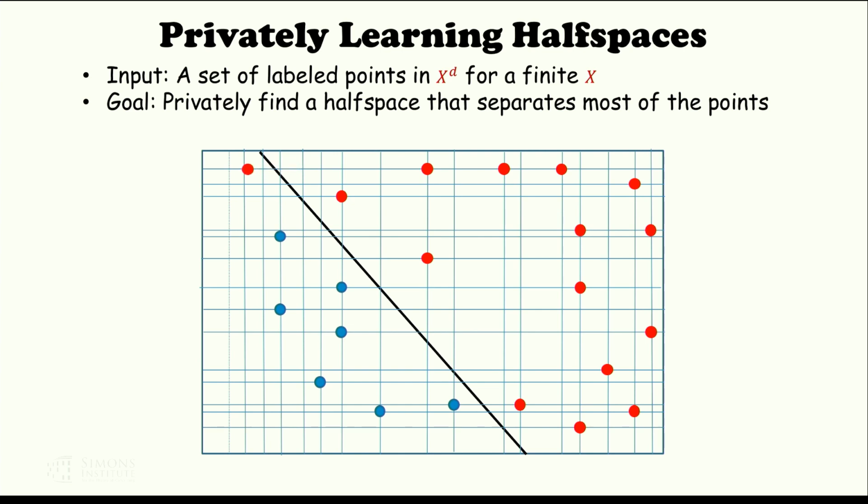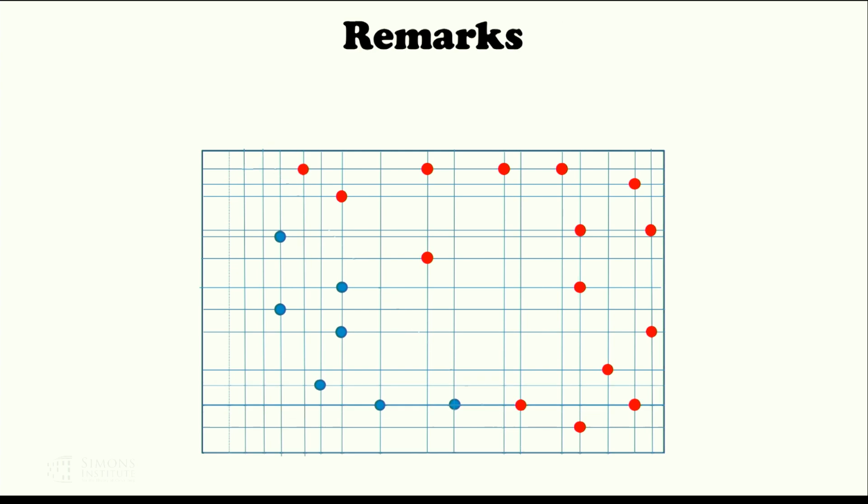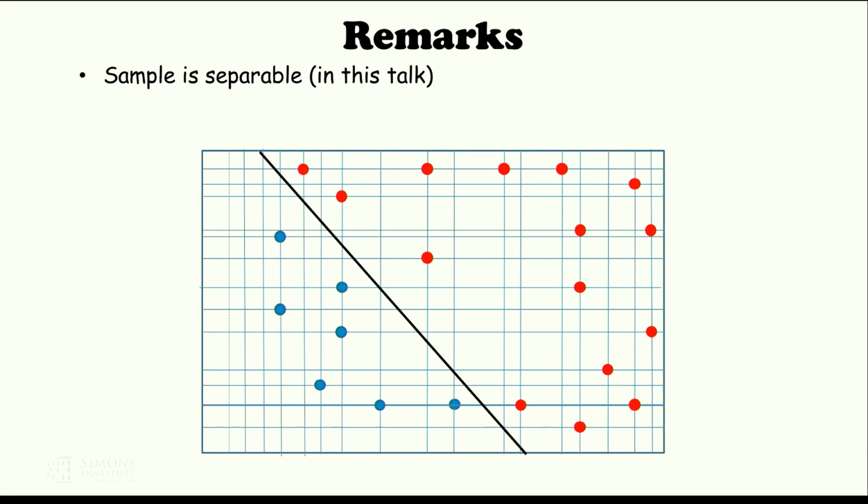I mean that if one point moves its location, the distribution of the output of the algorithm, the half space that the algorithm returns, should have a similar distribution. So again, if we have a private learner that labels correctly most of the points in the sample, we have a private PAC learner for the entire distribution. We have the generalization given to us.